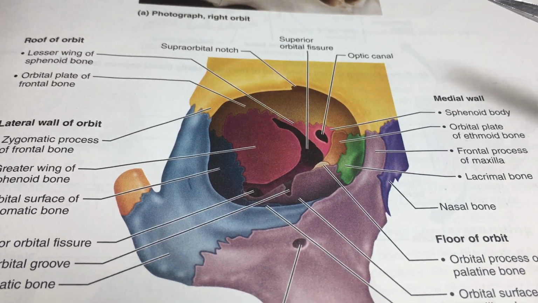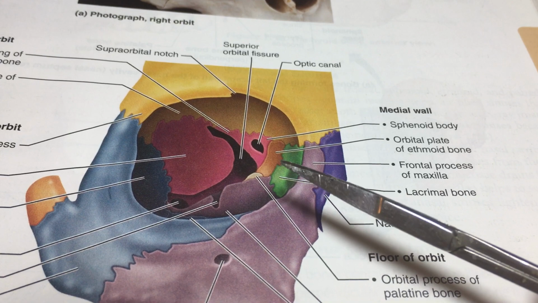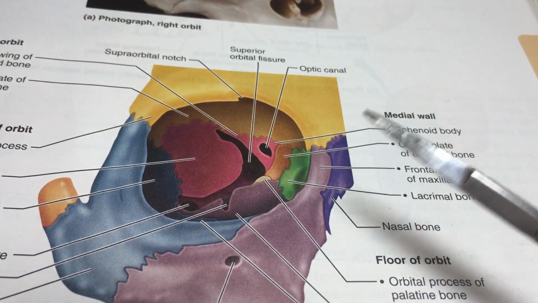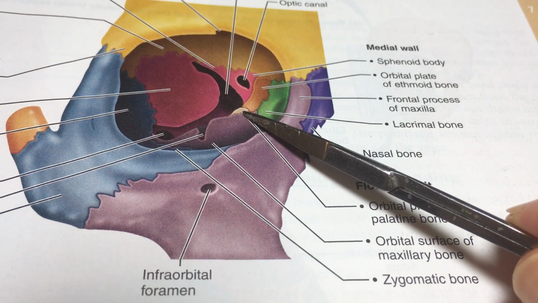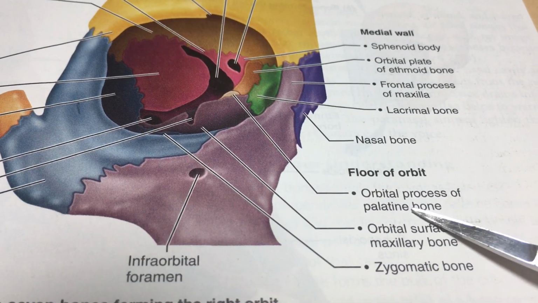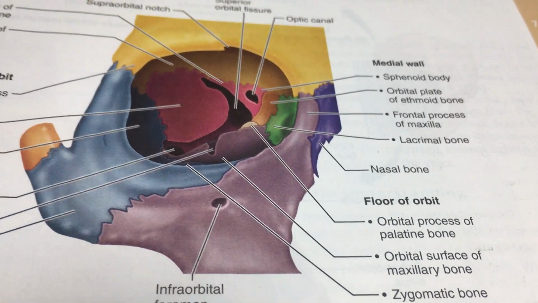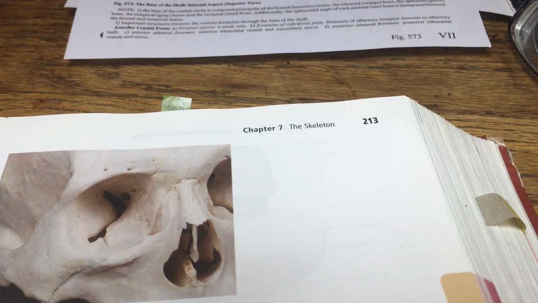Okay, we have a little bit here of the ethmoid sneaking in. And just barely visible, look at that, there's just a tiny little fingertip right there of the palatine bone. Okay, so altogether, if you come to this page, which is page 213, you'll find 7 bones right there.